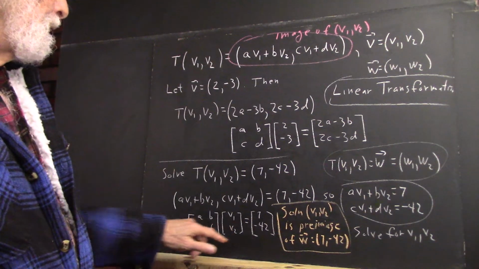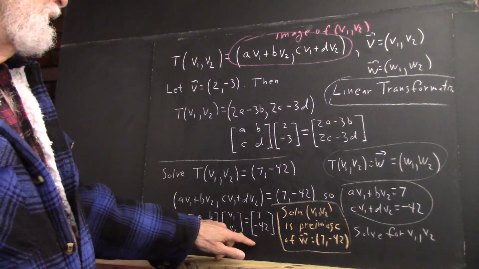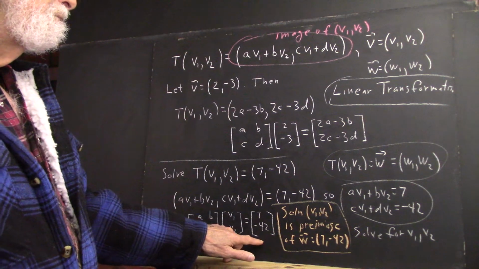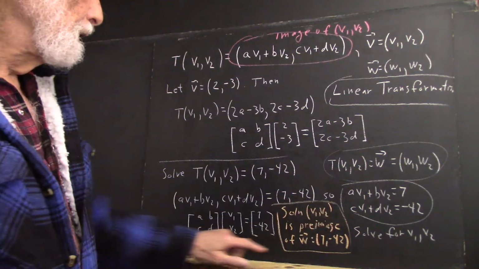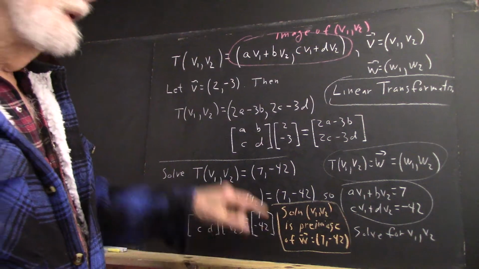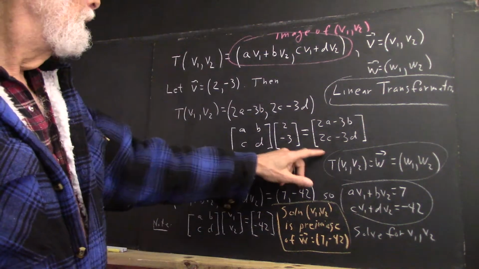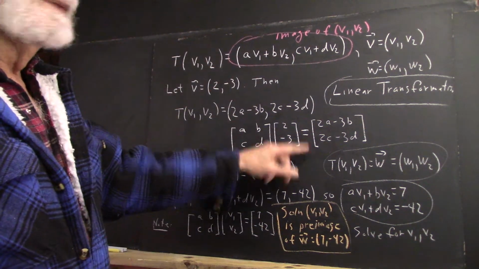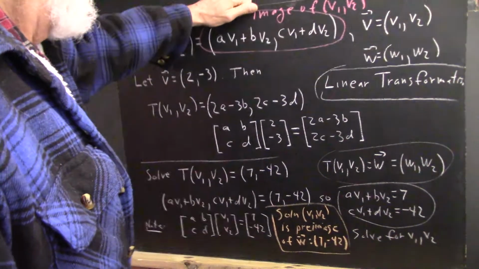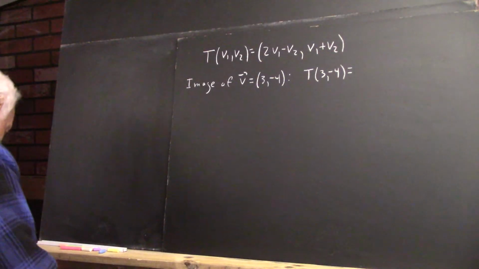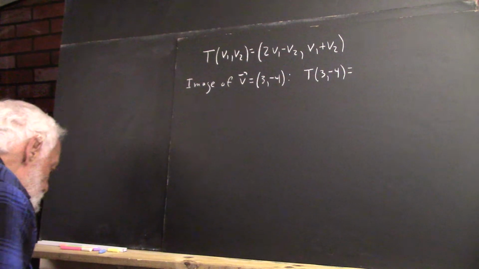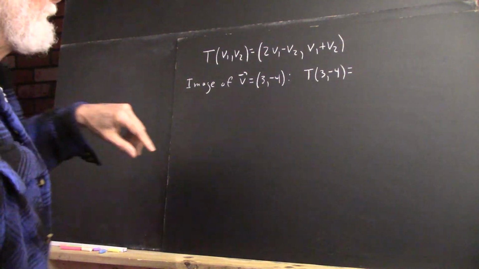Then down here we could also take this system and express it as a matrix equation, as we could for this calculation. Let's do a specific example and then look a little bit at the geometry of the situation.